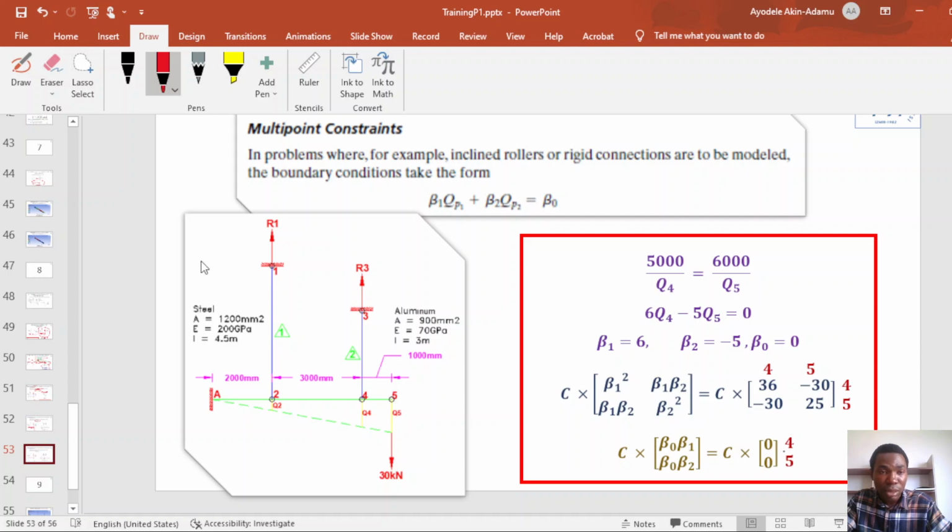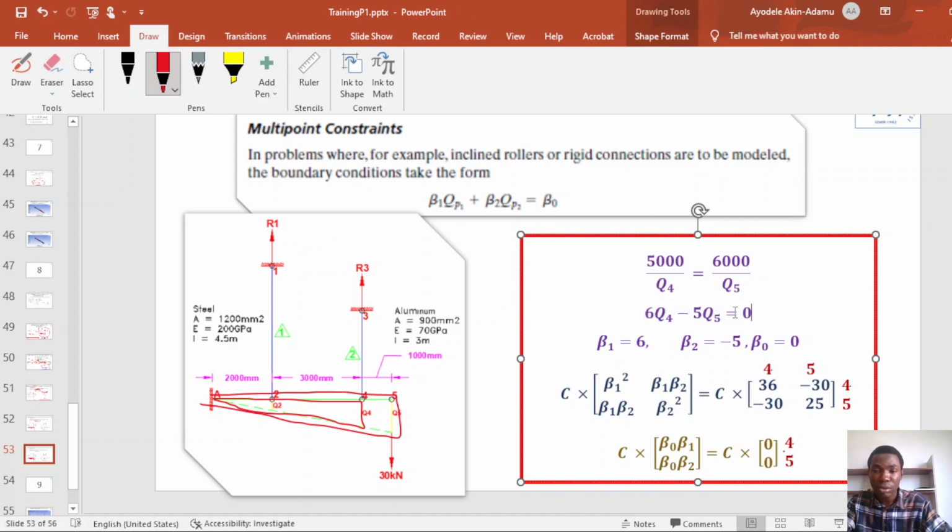Considering this triangle A4 and the triangle from A to 5, there are two similar triangles. If you consider those triangles, you can write this equation.